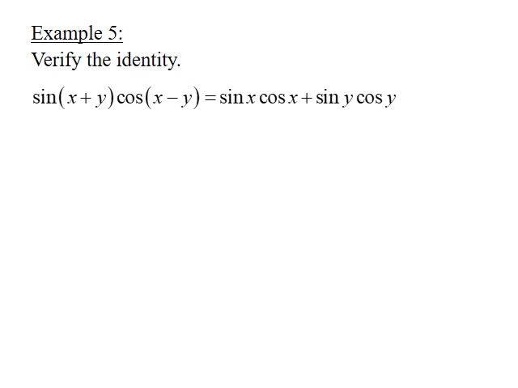Let's verify another identity. Now looking at this, both the left-hand side and the right-hand side look pretty messy. Looking at this, you might think, oh, I want to try a sum and difference formula because of this and this.